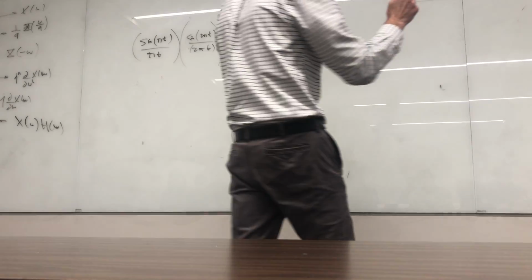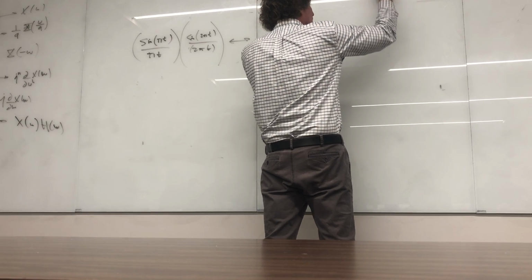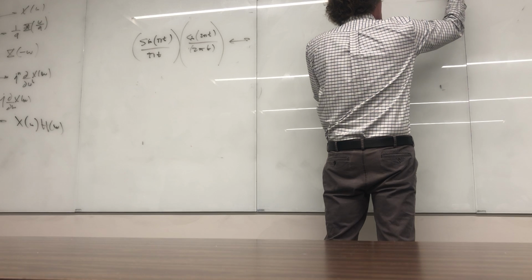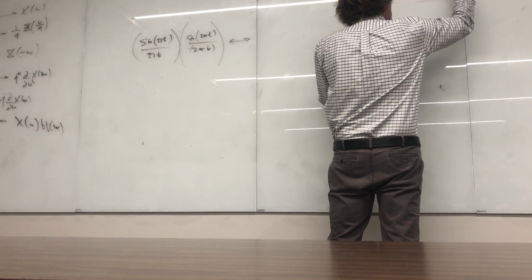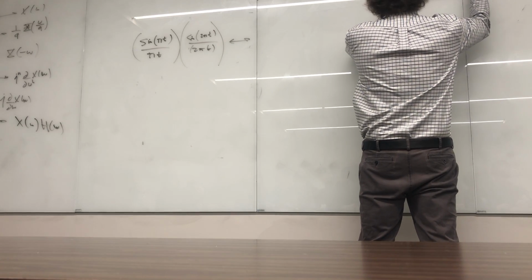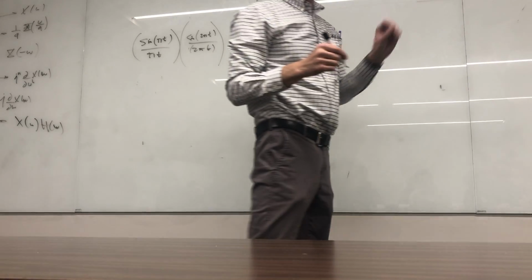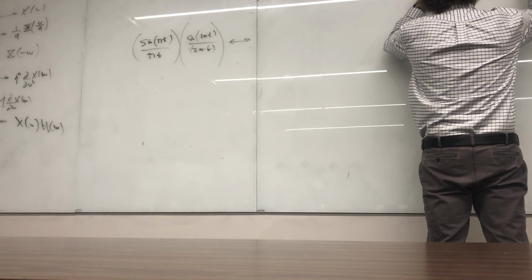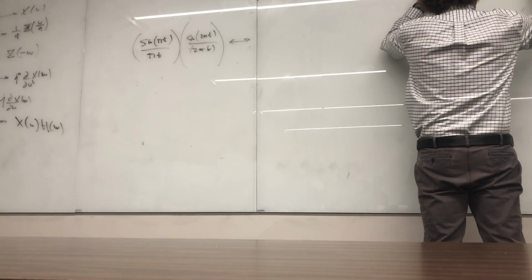Here's where you start. Do you all agree that if I had a pulse function with width tau of t, that would go to simply a sinc function, sinc of tau times omega over 2? Do you agree with me on that? Now, this is really equal to the sine of tau omega over 2 over tau omega over 2.